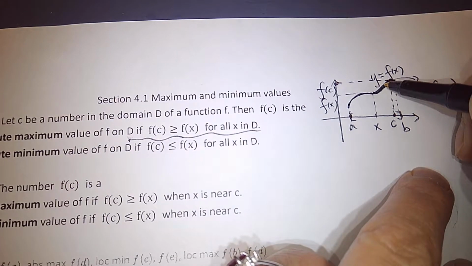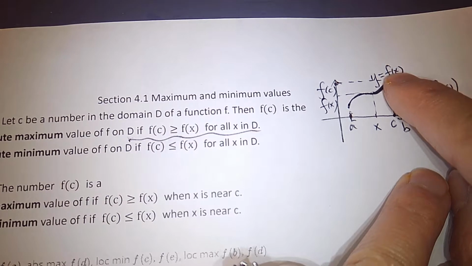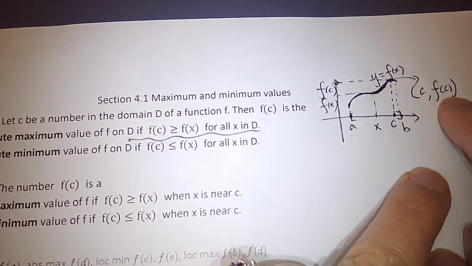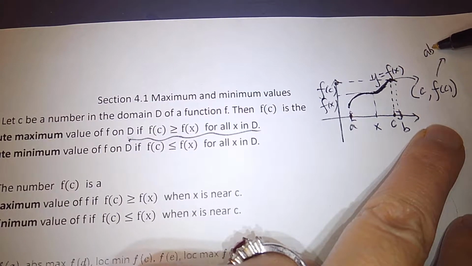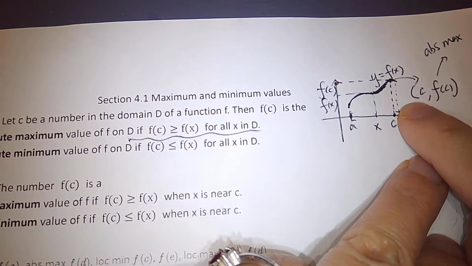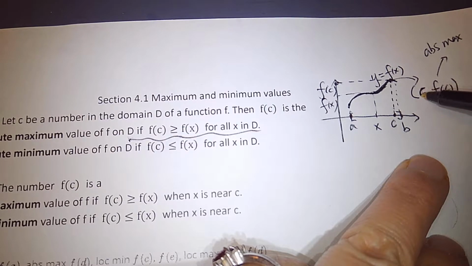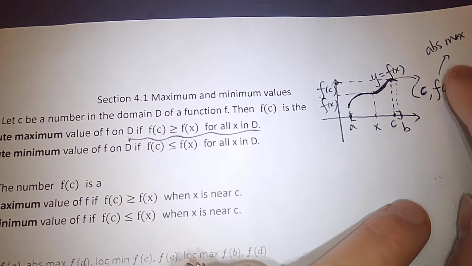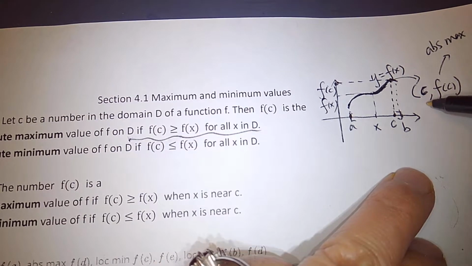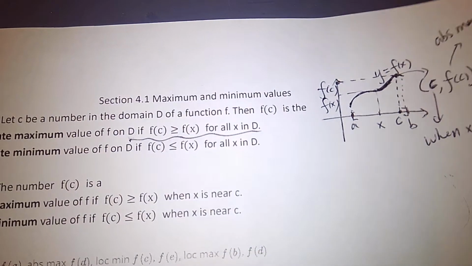So if we encounter a highest point on the graph, we say this function f has the absolute maximum value f of c when x equals c.